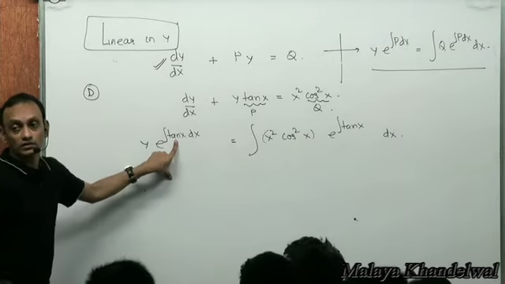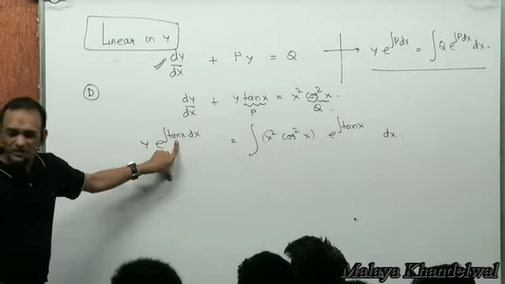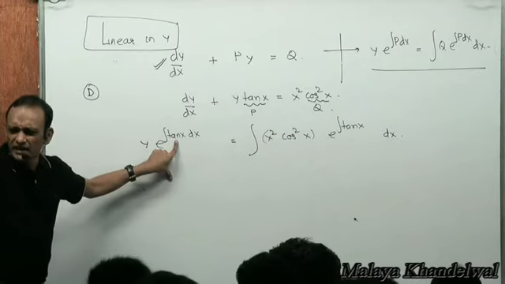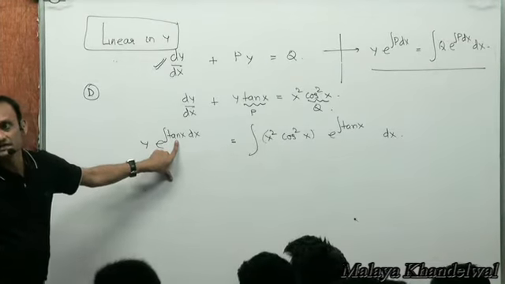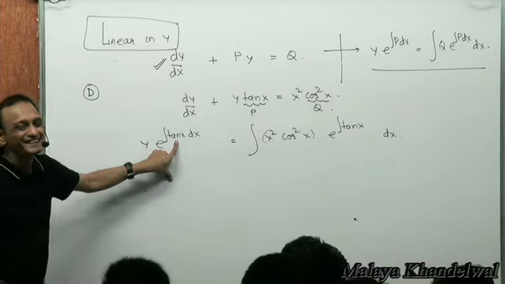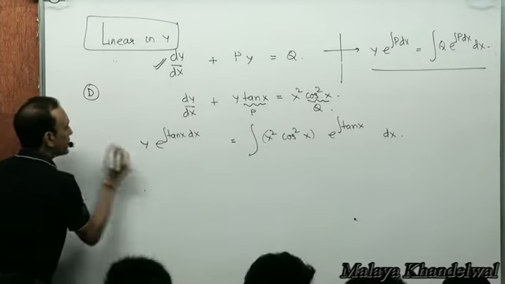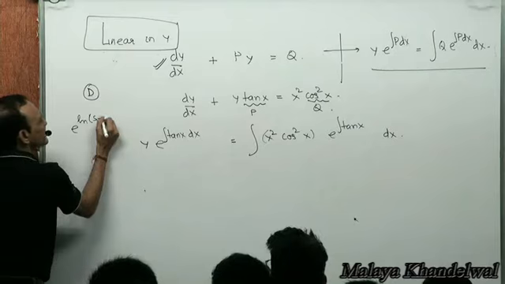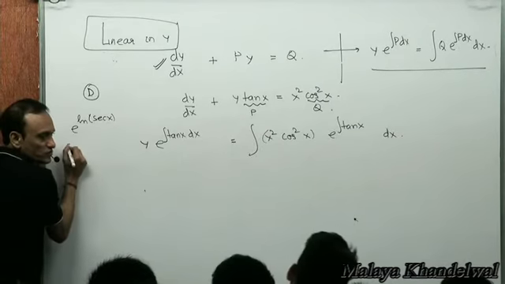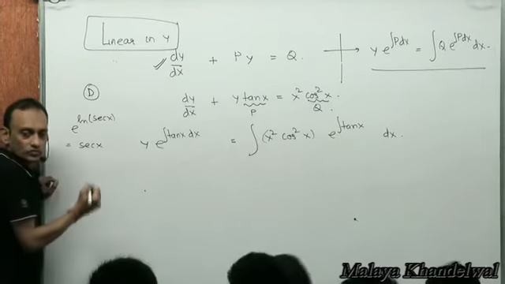Integral tan x is what? ln, constant at the very end, right? Integral tan x is log|sec x|. So I get e power log|sec x|, just write sec x, and e power log sec x would be sec x. Yes or no?